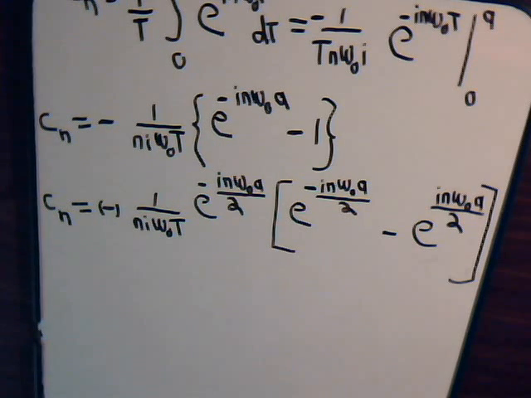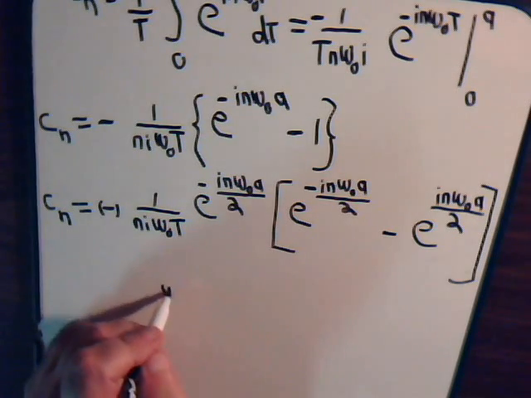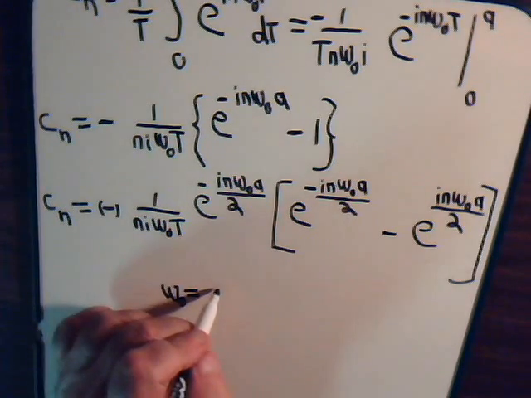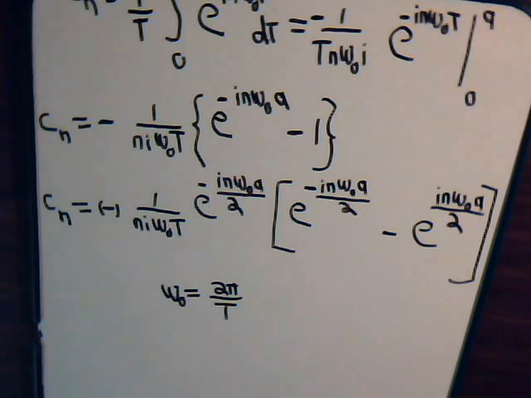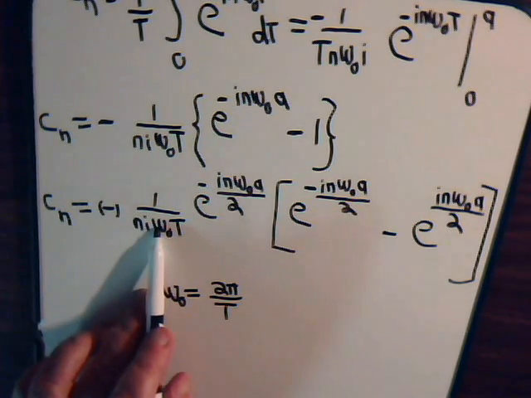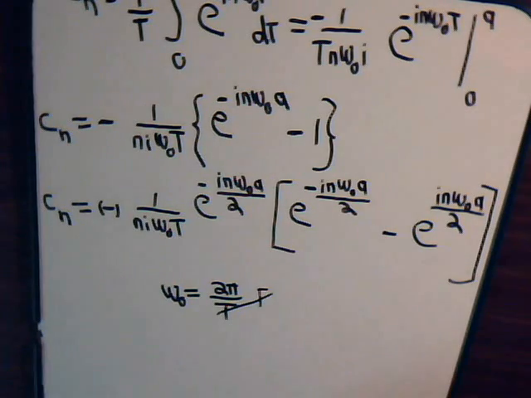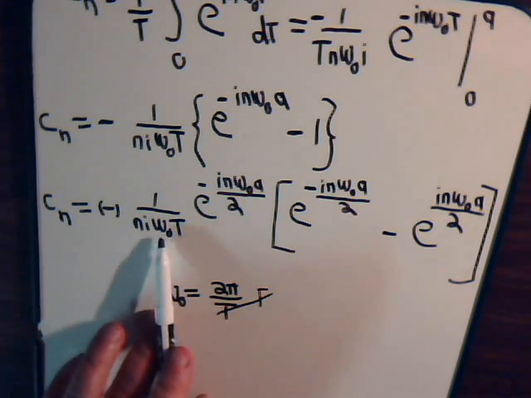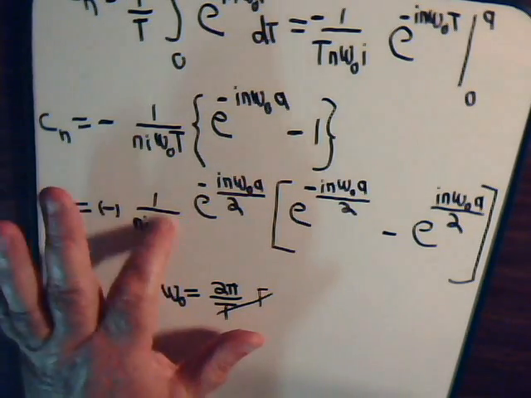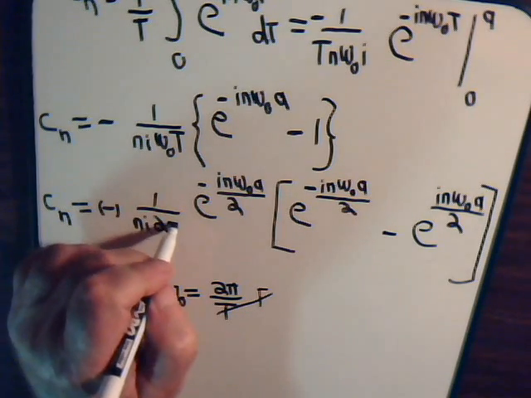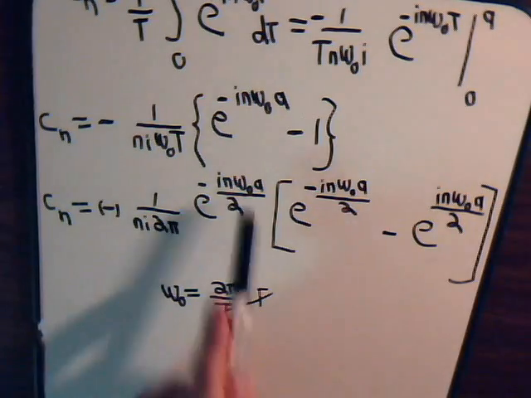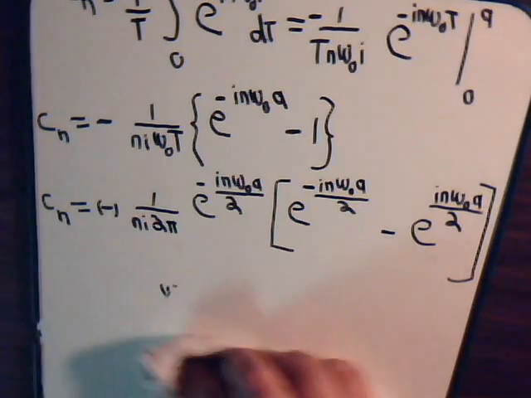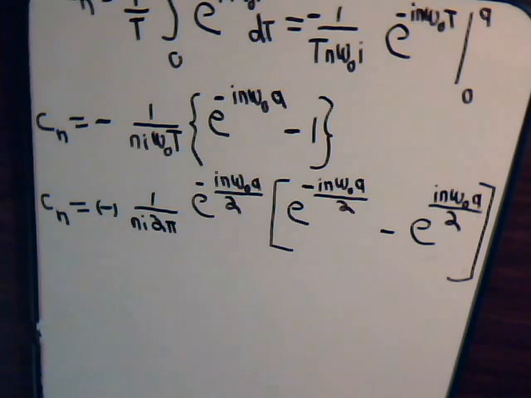Let's do something else. Remember from videos 1 and 5 that omega equals 2 pi divided by T. So we can substitute that in here. We'll have 2 pi over T times T. That will just be 2 pi. So we'll have n i 2 pi. So we have this, and then here we can also substitute in, well, forget that part.